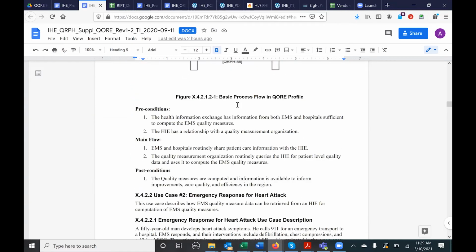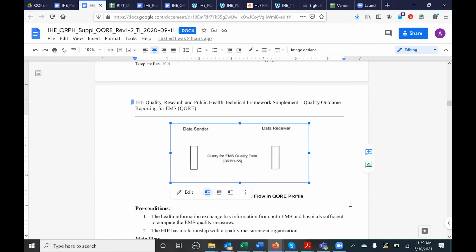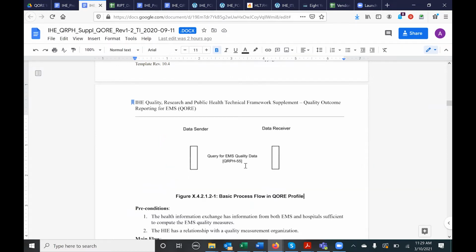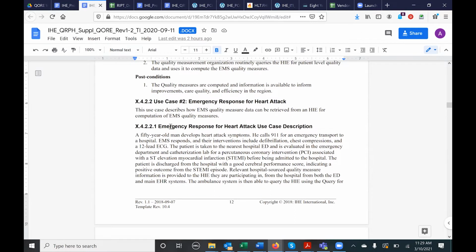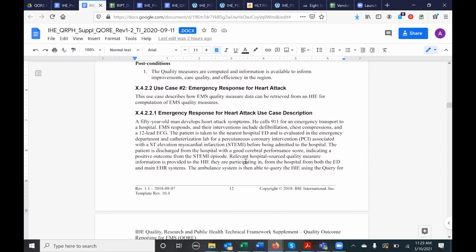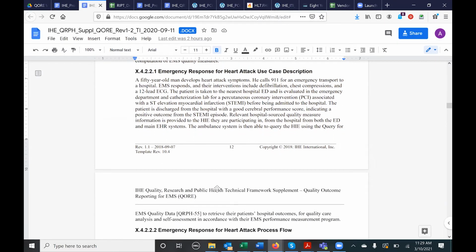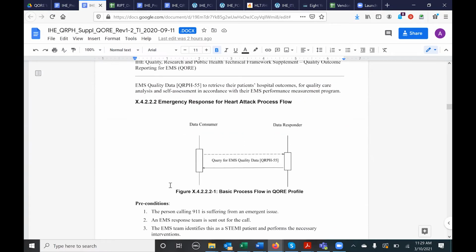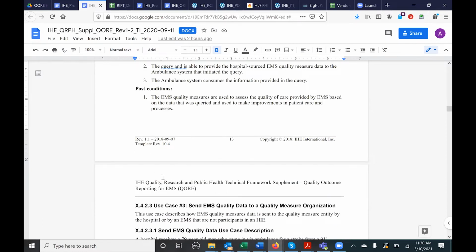Then we have the heart attack response, where the ambulance system is able to use a query to see what the outcome for the patient's heart attack would be as well. And then we have a send EMS quality use case.